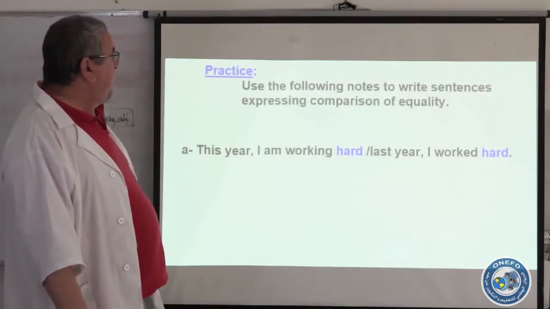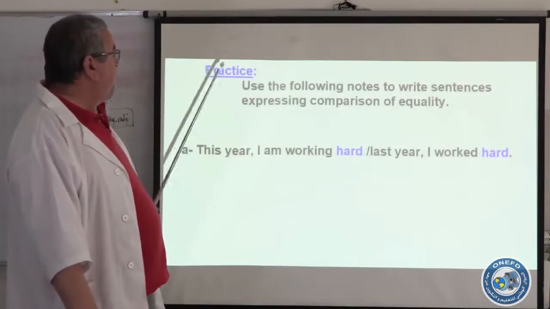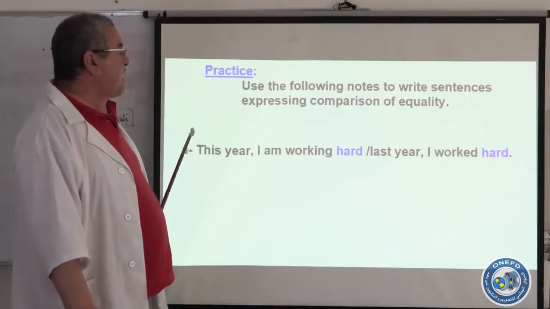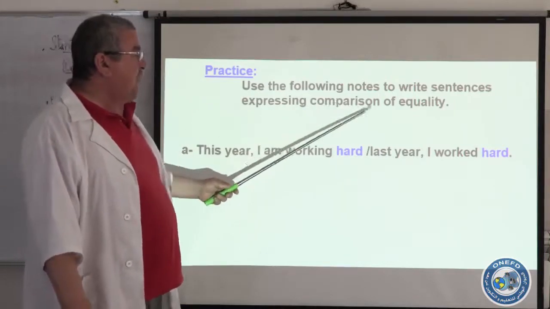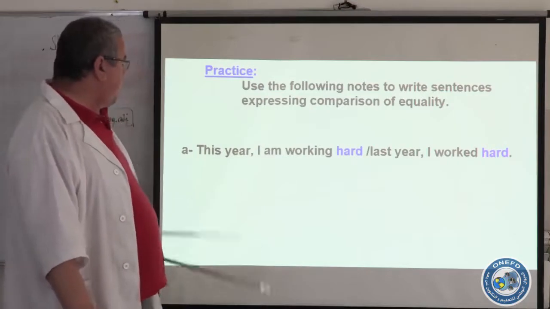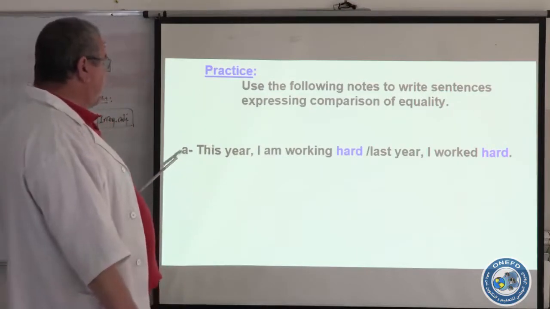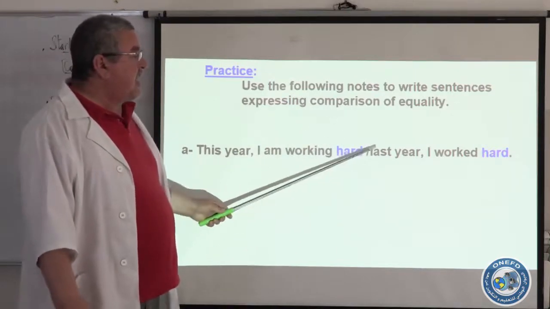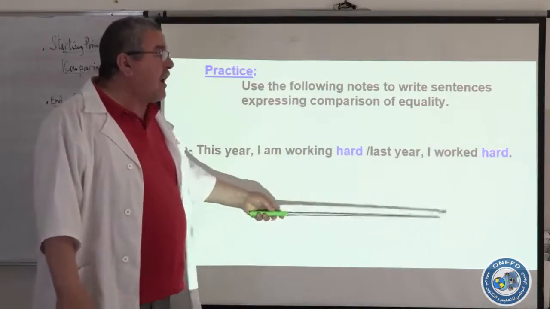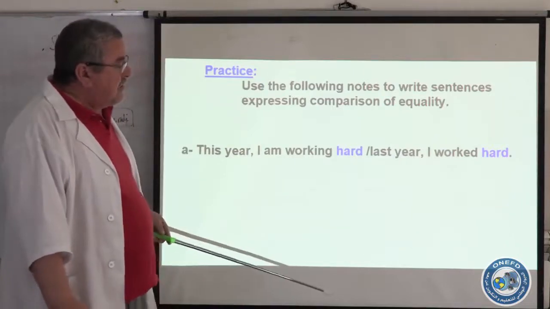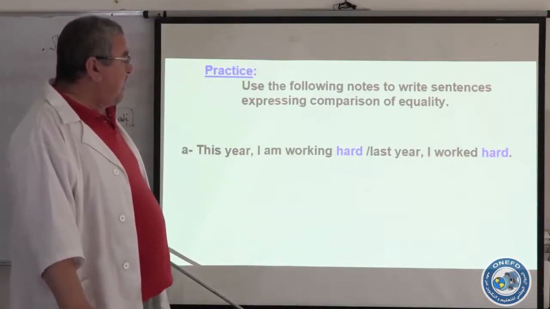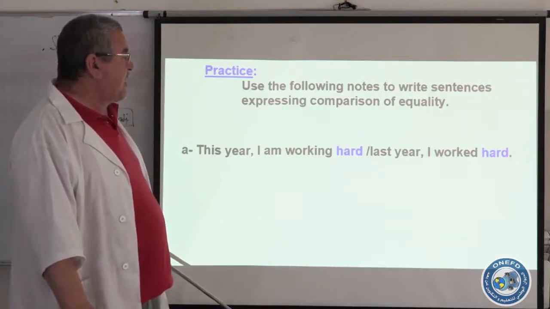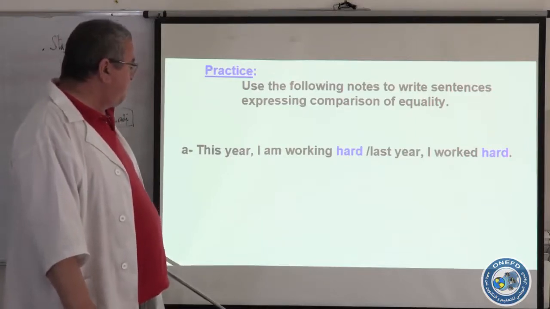And we have an exercise here. Use the following notes to write sentences expressing comparison of equality. This year, I am working hard. Last year, I worked hard. So, how are you going to express equality?